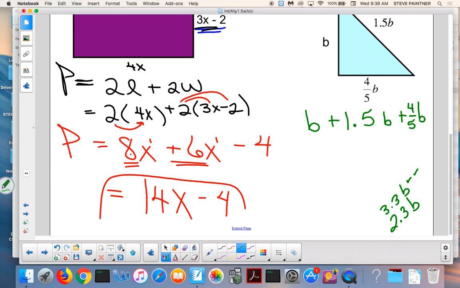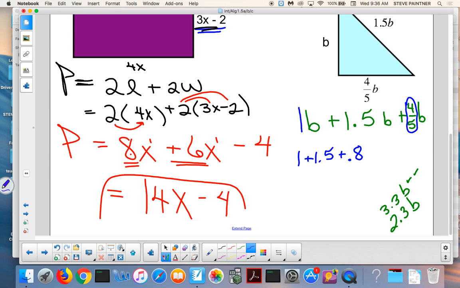Can I add all these up? They're all b's. So where do I get the numbers? Well, that number in front is what? 1b plus 1.5b. So it's 1 plus 1.5 plus, what's that number? I know it's 4/5, but what is 4/5? 0.8.